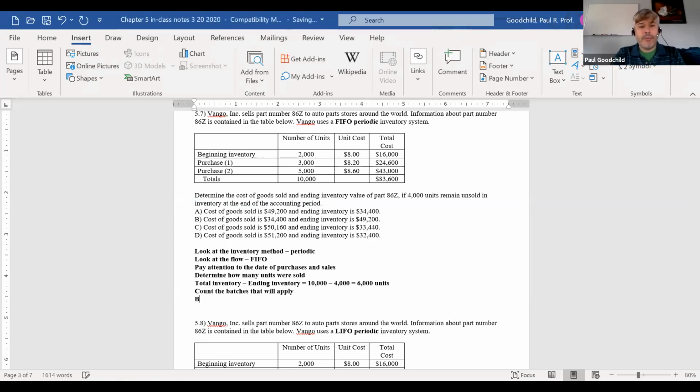So we have the beginning balance, our beginning inventory. We had 2,000 units.